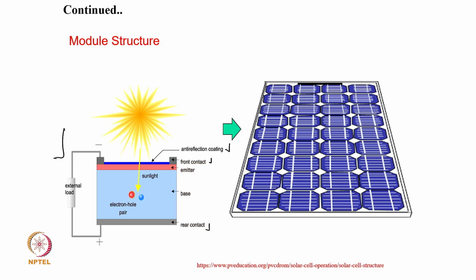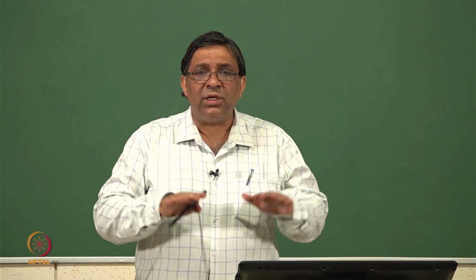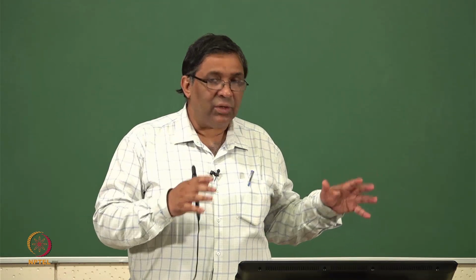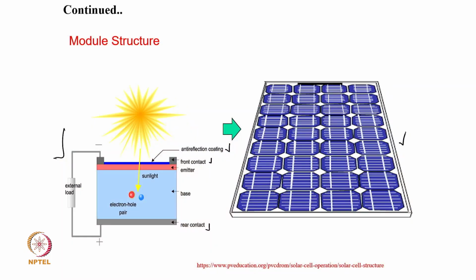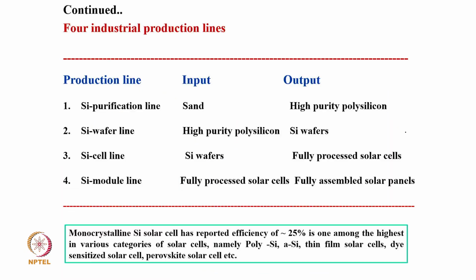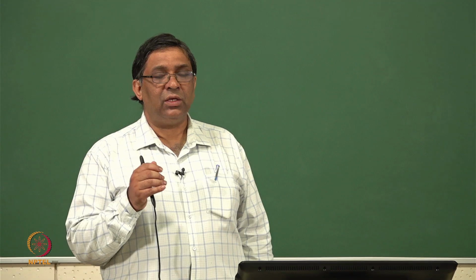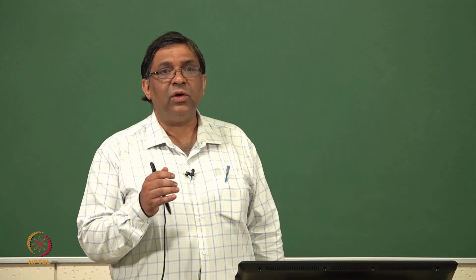And as I discussed before, if you make texturing on the front or on the rear, you can really make an efficient solar cell, and then finally you make a module.